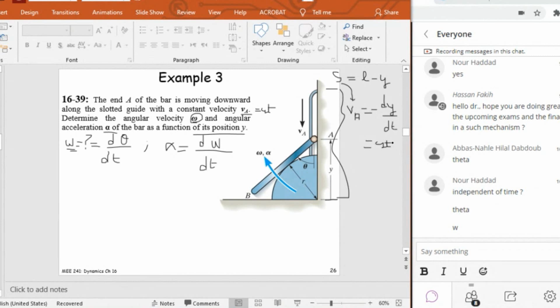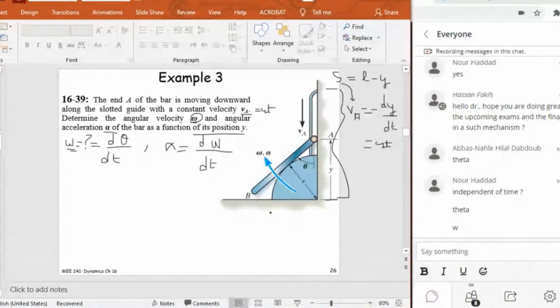Okay, so now I know the relation between VA and y. I still have to find the relation between theta and y so that I can do the derivative to find the angular velocity. Guys, what is the relation between theta and y?